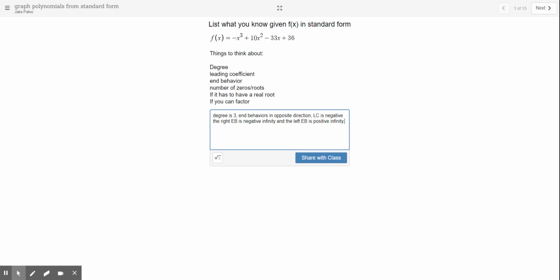Okay, I know it's going to have 3 zeros. I don't know if they're all going to be real or not. But I do know it has to have at least one real, and at most 3 real zeros.